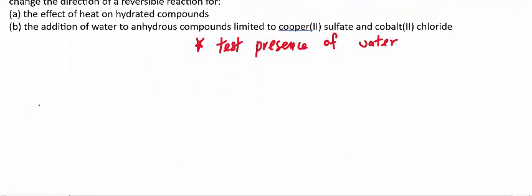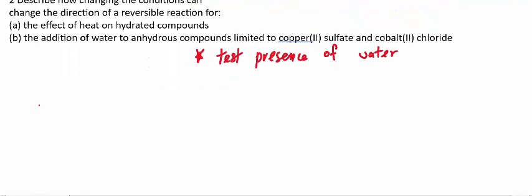You call it anhydrous or hydrated. Anhydrous means no water.